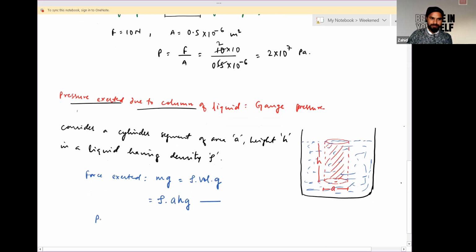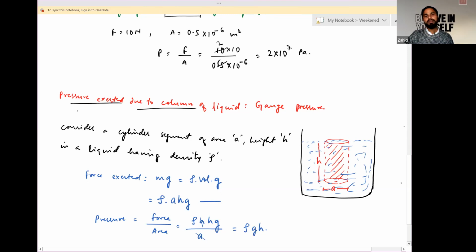So pressure equals force exerted divided by area of cross section. Force is rho A h into g. Area of cross section is A. So this A and this A cancel out, and you get rho g h only.